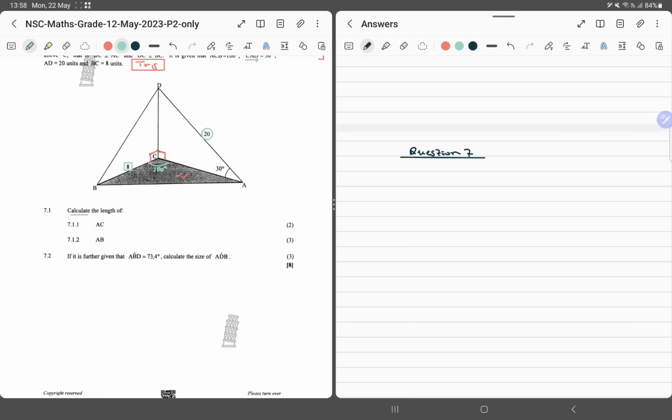Now, if we want AC, we want a triangle that we have a lot of info on. So we've got an angle. We've got the side. And then we want this one. So that is a right-angled triangle. So if we focus on that triangle, what do we know?